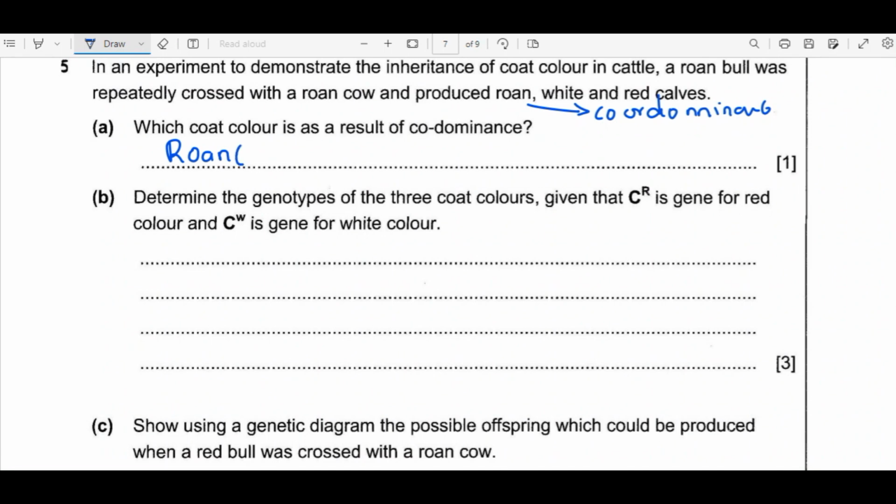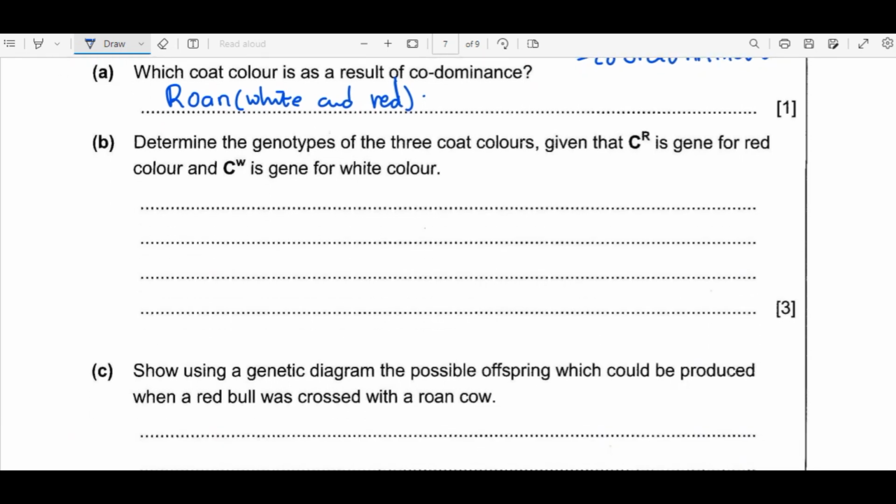So roan in our case is white and red. Determine the genotypes of the three coats, given that CR is a gene for red.